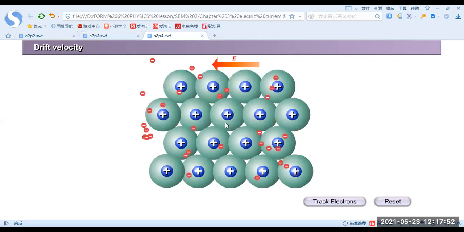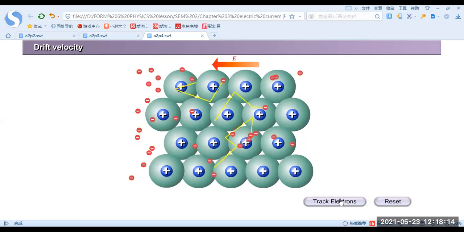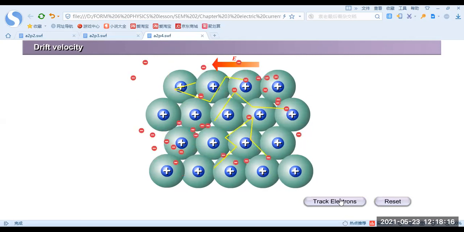Now, look at that. The electrons are now moving under the control, in the influence, of the electric field. We notice that the track of the electron, no matter how it's moving, is always from left to right.